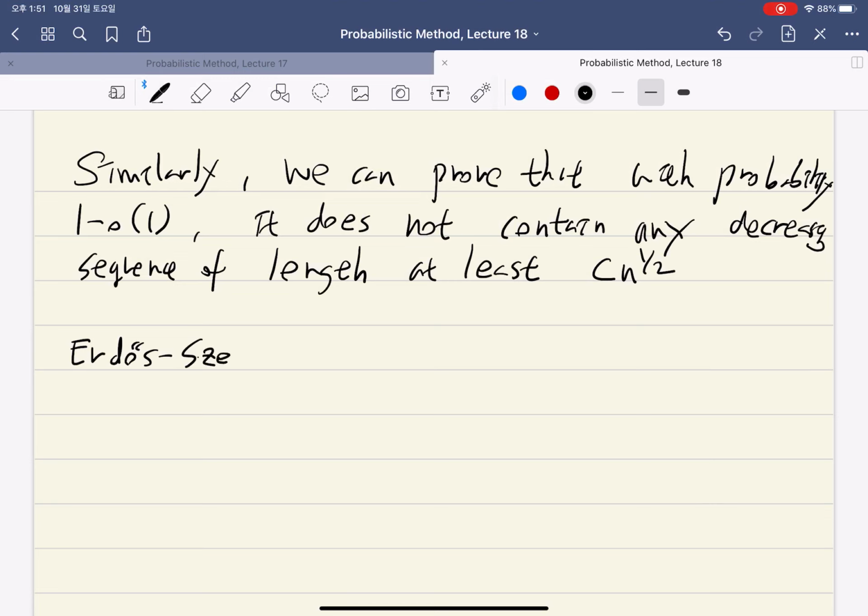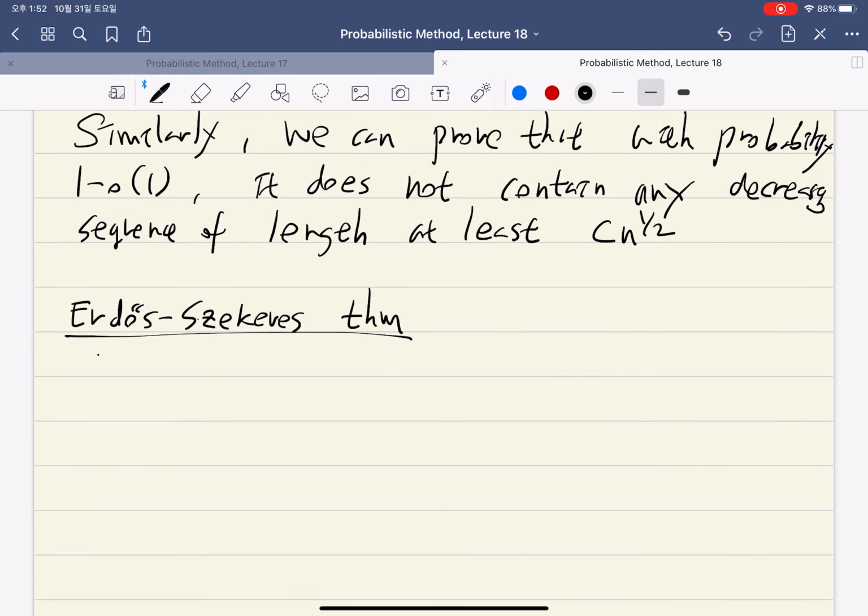we know the Erdős-Szekeres theorem, which we have learned in the undergraduate graph theory, I think.